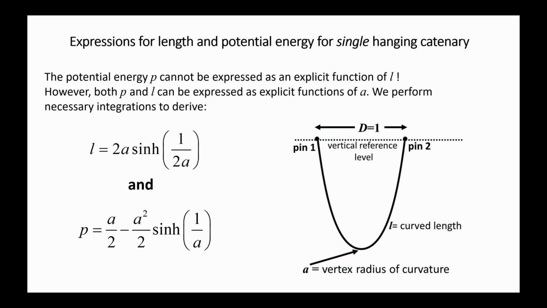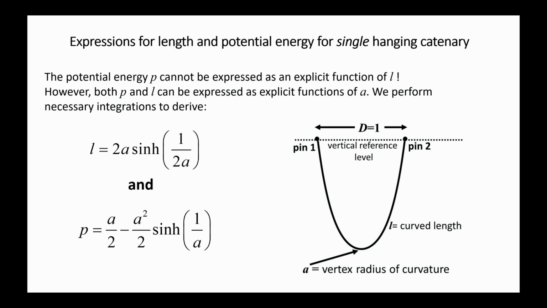Once again, the reference level we took for the potential energy, the 0 level, is the vertical level of the two pins, the most convenient. And we are considering the potential energy of this hanging single catenary as a function of length. It turns out that the potential energy does not have an explicit functional form in terms of length.